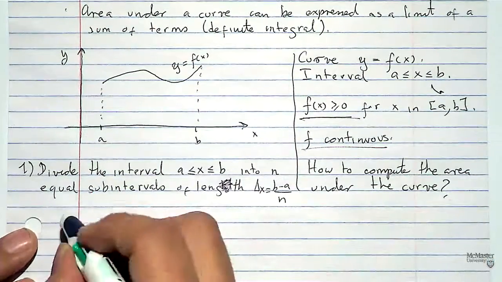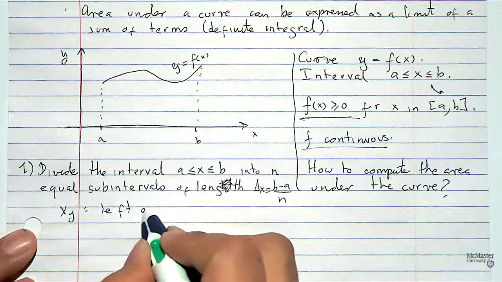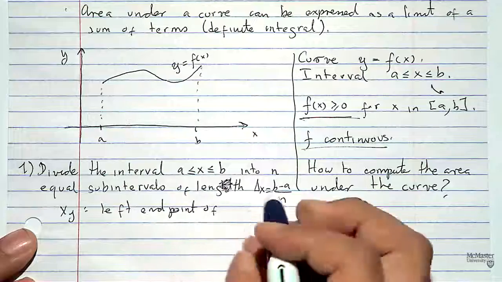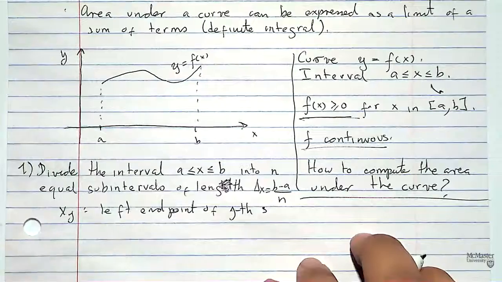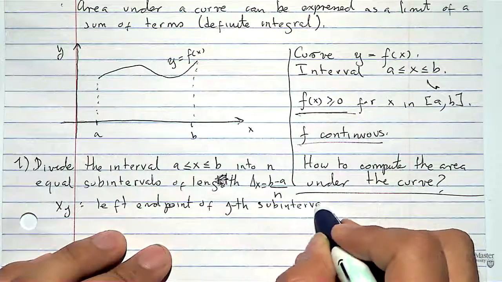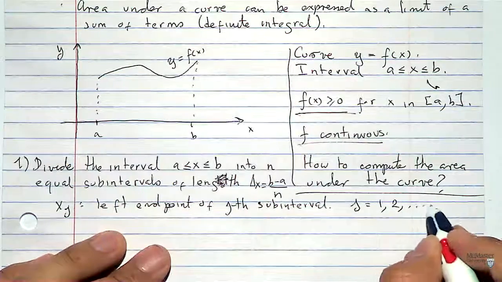And we will define something called xj, which is the left endpoint of the jth subinterval. So j goes from 1 to 2 to n.